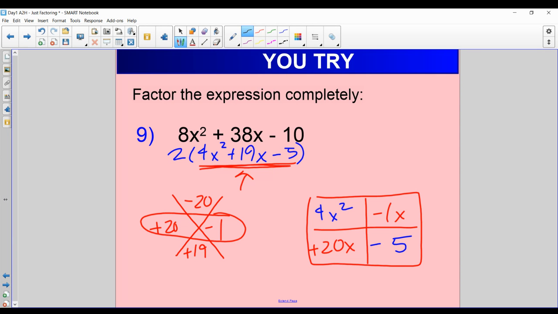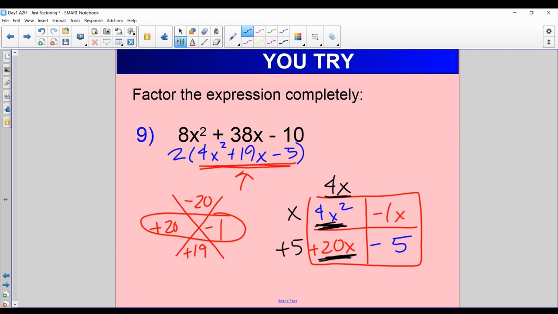Then I look and say, okay, what can I pull out? And I look at these two terms, because that's where I see the first thing I can pull out. I can take out a 4x. What do I need to multiply 4x by to get 4x squared? Just an x. What do I need to multiply 4x by to get positive 20x?